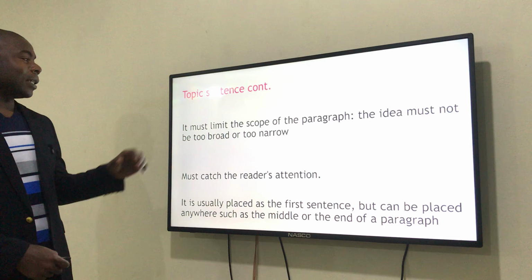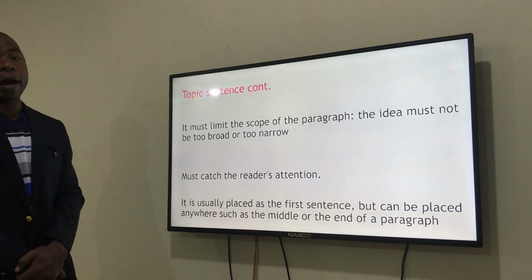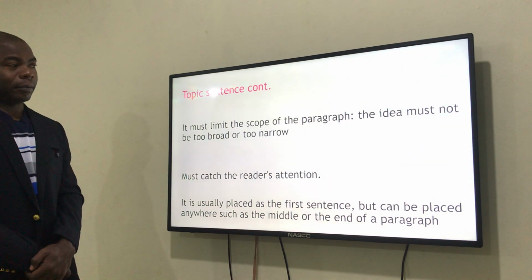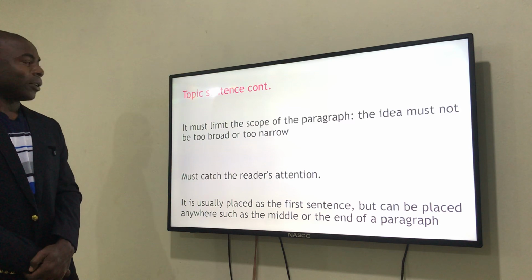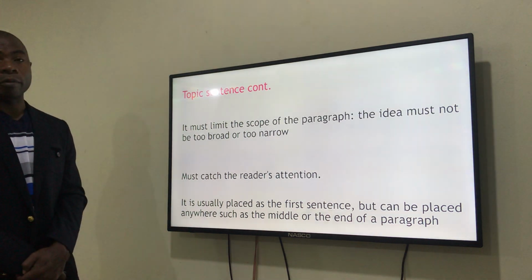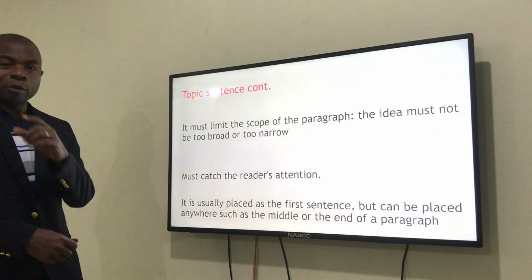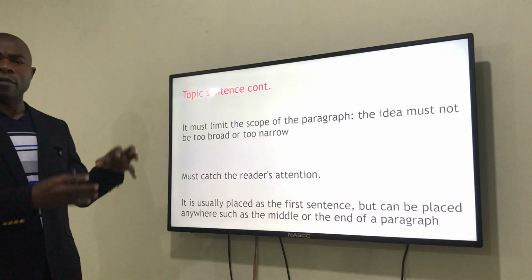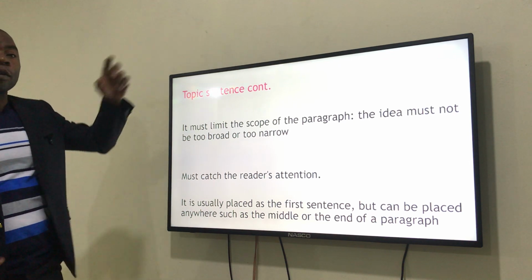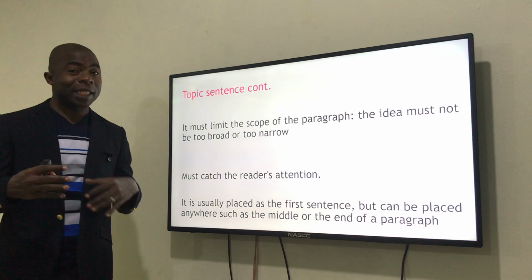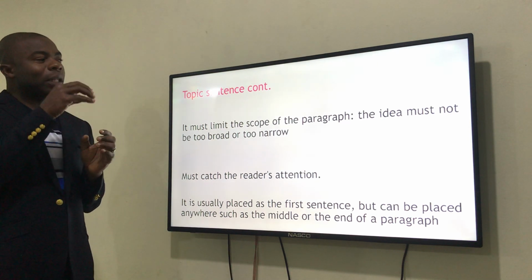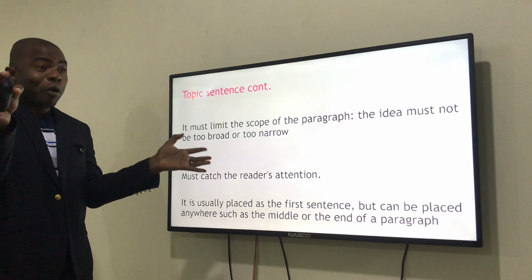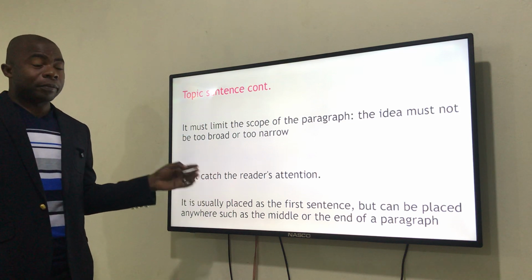Now the topic sentence must limit the scope of the paragraph. The idea must not be too broad nor too narrow. So if you see a paragraph that is very broad, very big, what it means is that the scope of the topic sentence is very broad. That's why you see the paragraph to be very long.